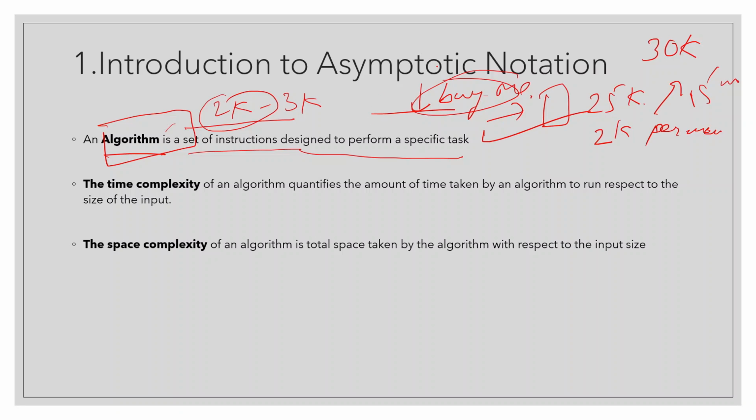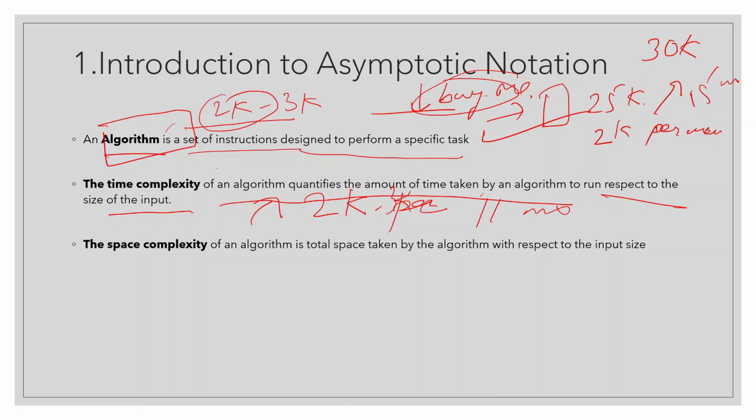So time complexity quantifies the amount of time taken by an algorithm to run with respect to input size. Here, for example, per month you save 2k, so how many months to execute your task? 11 months.